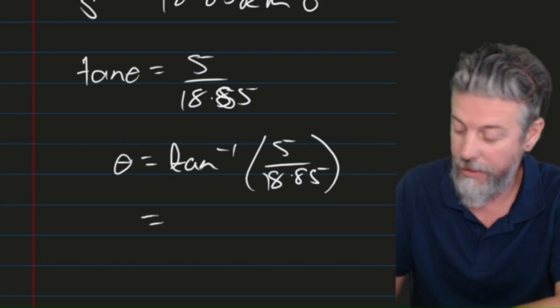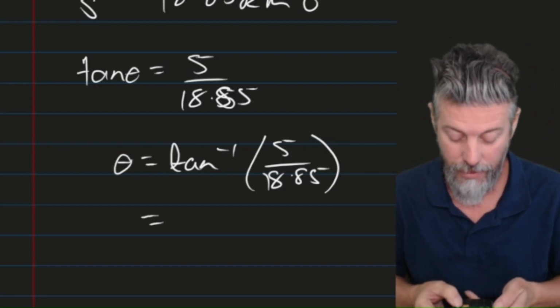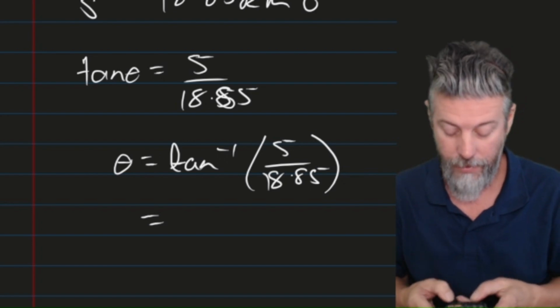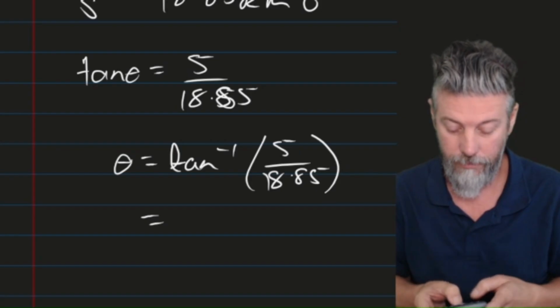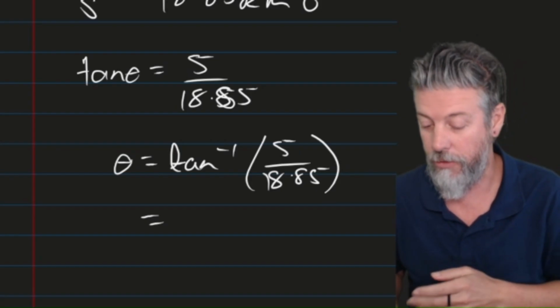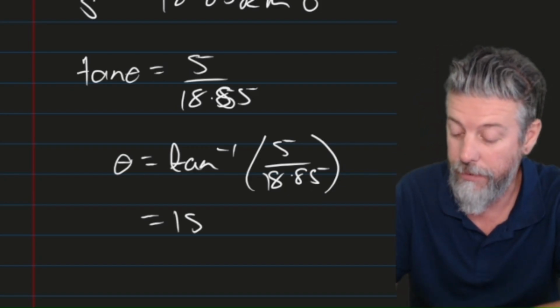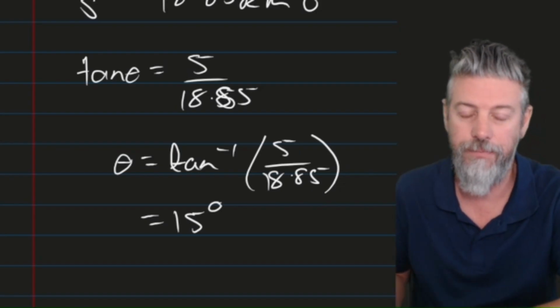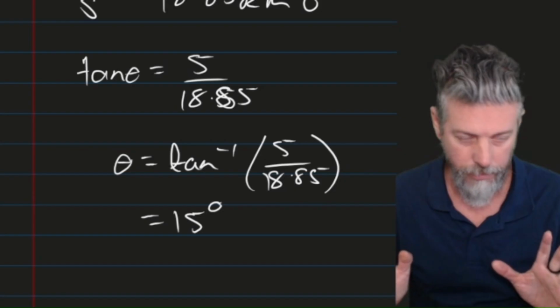And therefore theta is going to equal, back on my calculator again, shift tan 5 divided by 18.85 equals, and I get an angle of 14.85 degrees. In the HSC, they'll often say to the nearest degree. So I'm going to say 15 degrees of elevation. Okay, so the question is solvable, no problems, right?